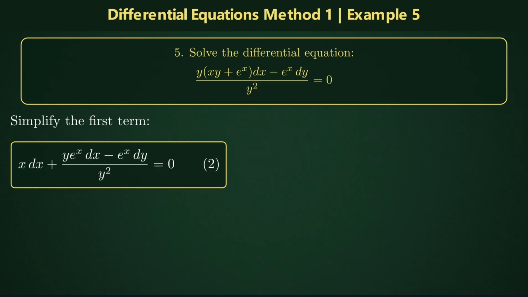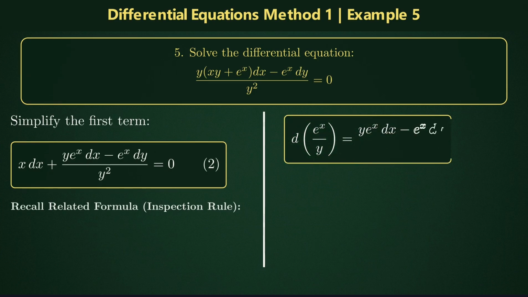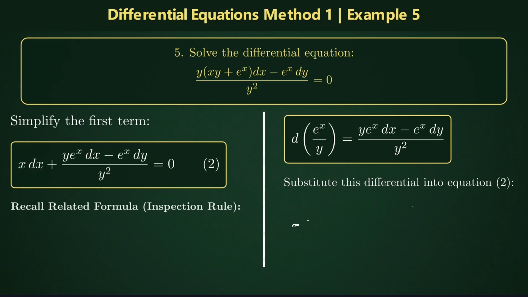Let's recall the quotient differential rule for exponential functions. The differential of e to the x over y is equal to y times e to the x dx, minus e to the x dy, all over y squared. We substitute this differential back into equation 2. The equation simplifies beautifully to x dx plus the differential of e to the x over y equals 0.